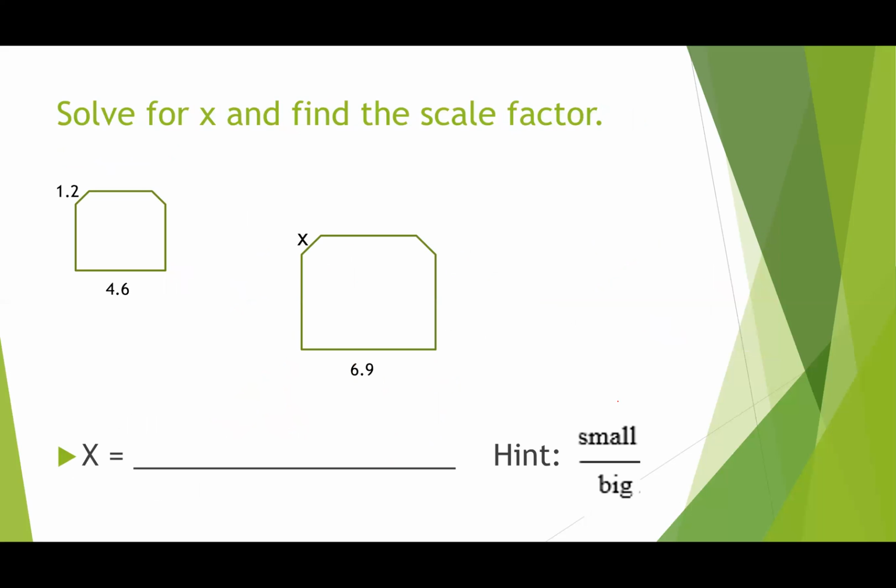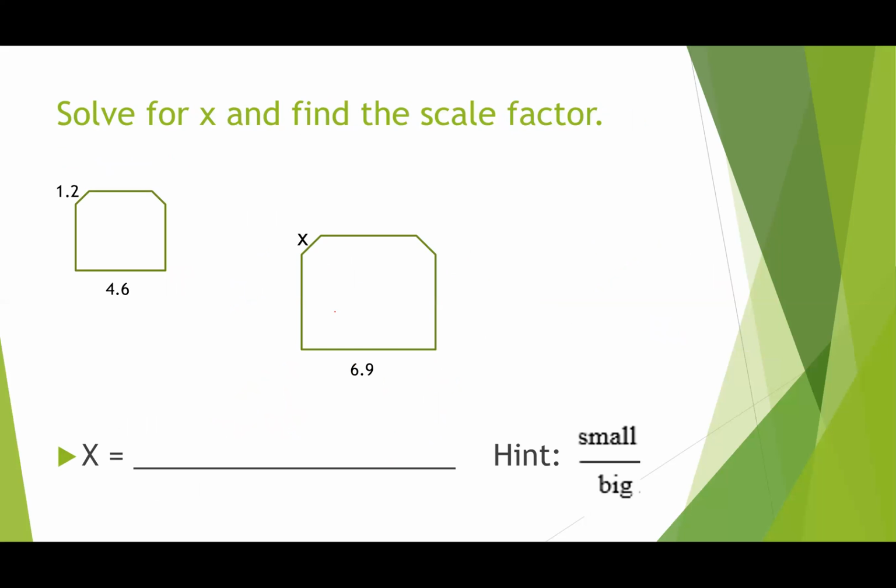All right, now for this one, and I believe this is our last one, yay. We're going to solve for x, and we're going to find the scale factor. We're again going to assume that these are similar because they're having us find this one here. So we're doing small over big. We're going to find x first, and then we'll find that scale factor.